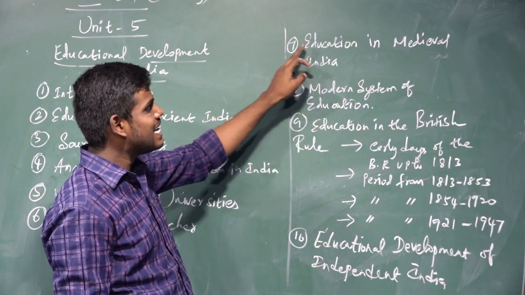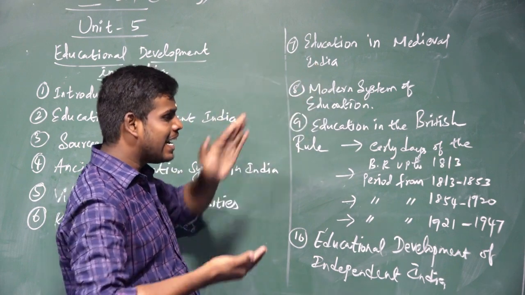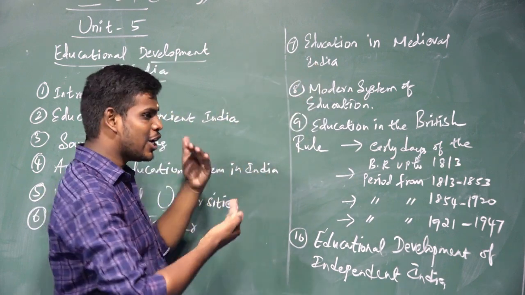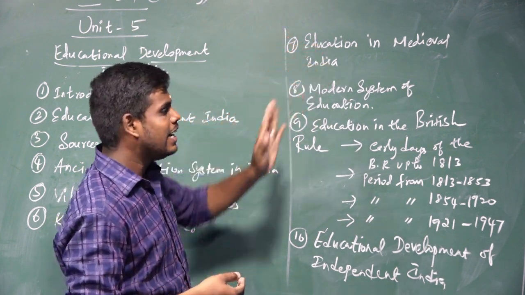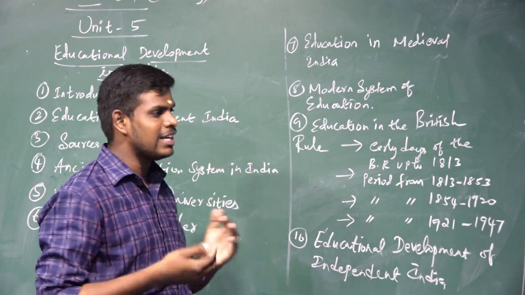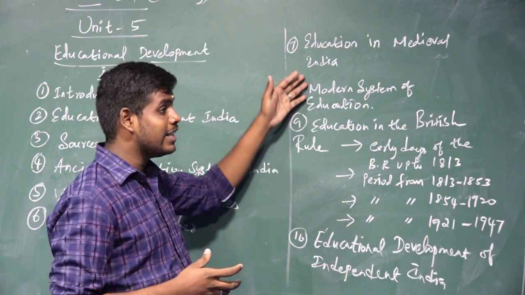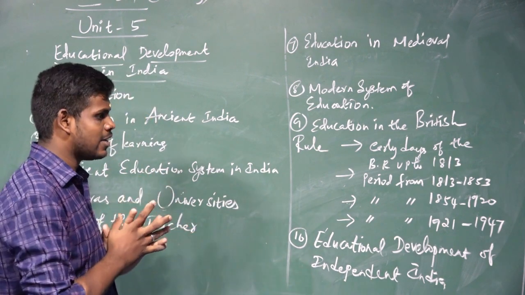The next one is education in medieval India. The medieval period witnessed a radical transformation with the introduction of Muslim education. We are talking about Muslim education in the Indian subcontinent. The country was invaded by various foreign rulers and several traders from different parts of the world.